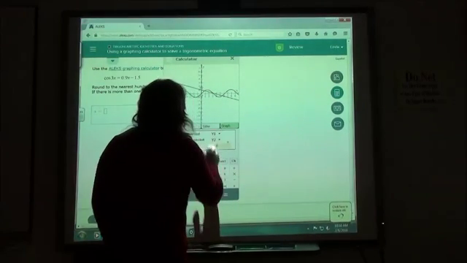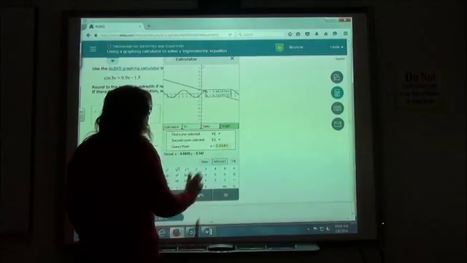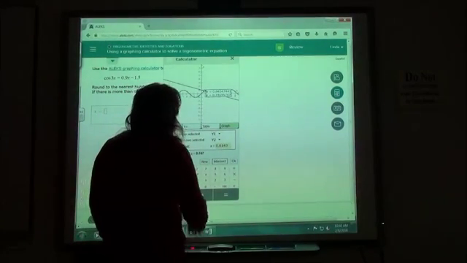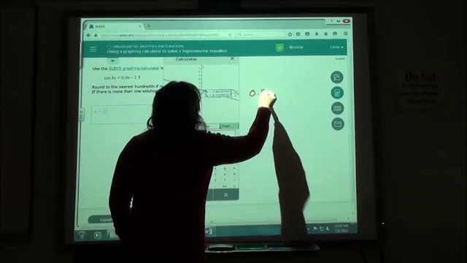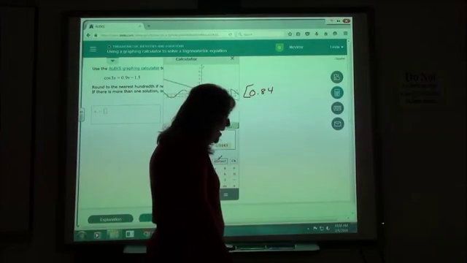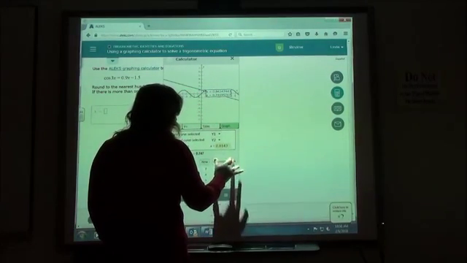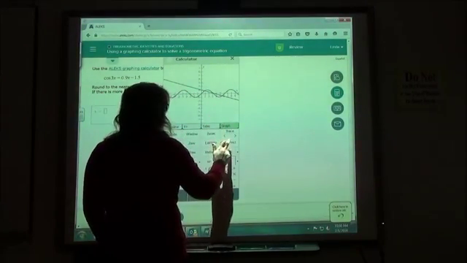And so I'm going to hit intersect. My first intersection, if I drag that over and hit intersect, 0.843. So 0.84 would start my answer. Of course, again, I have to clear it so that I can get back to my graph.